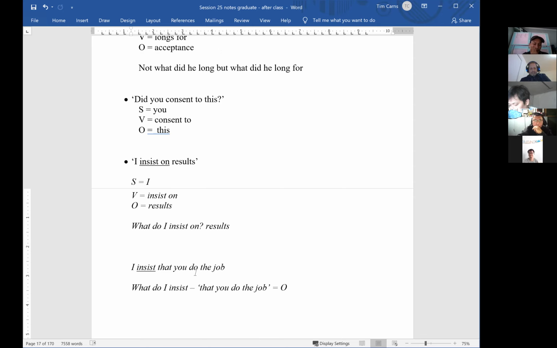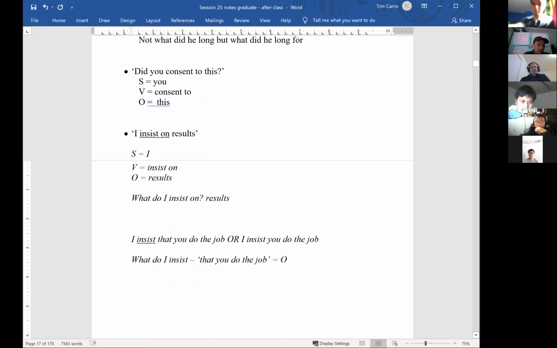Yeah, Robbie. Tim, in this last sentence, I insist that you do the job. Again, the clue, I think, is that the word that is not a preposition. So obviously it's not a prepositional verb. Insist is not connected to a preposition. So it's not going to be a prepositional verb, right? Yes, exactly.